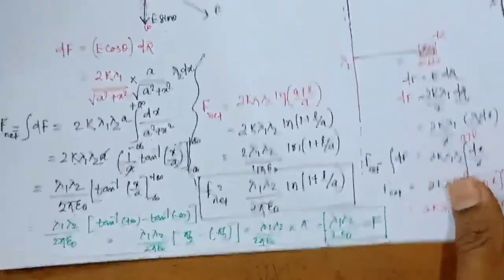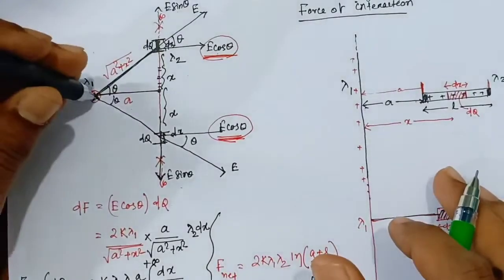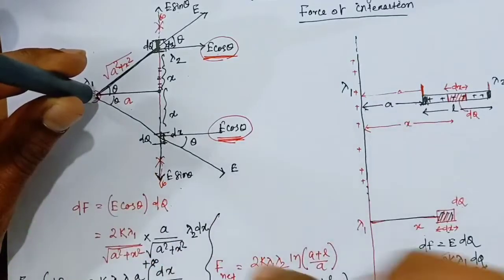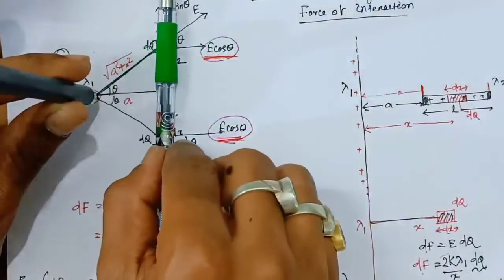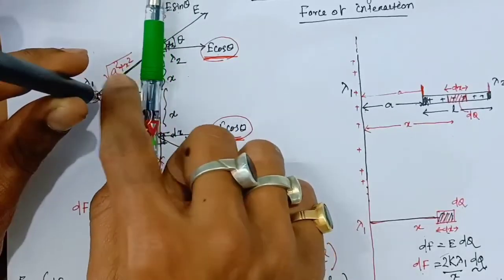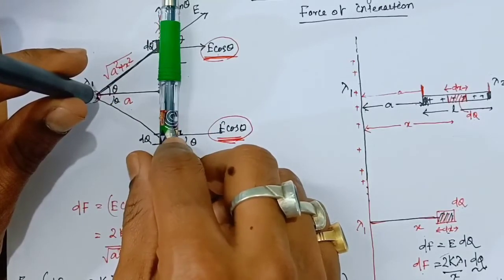So for the student's perspective, one more time I want to make the scenario. This is one infinite rod. This goes like this and this one goes like this. This is an infinite rod having line charge lambda 2 and here line charge is lambda 1. And these two rods are exactly perpendicular, having a distance a.